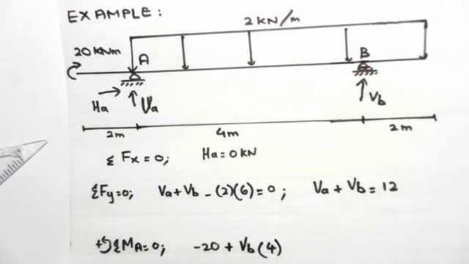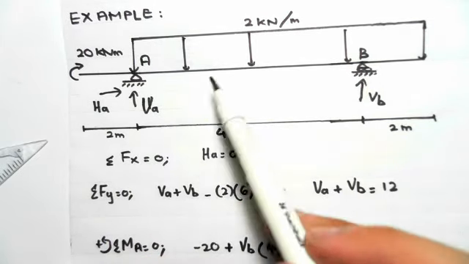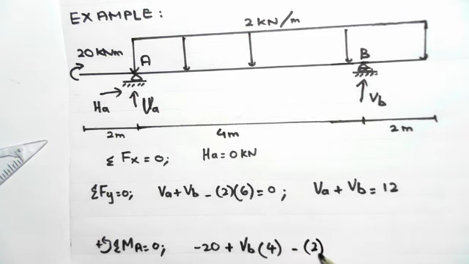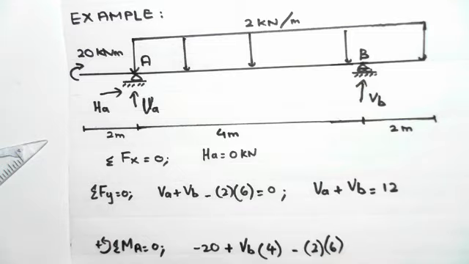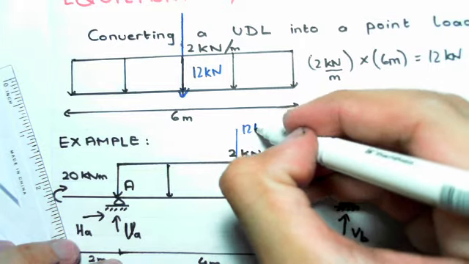Now we have to do the moment of the UDL about the support. Obviously the UDL causes a clockwise moment about the support, so it's minus 2 times 6. Again, I'm converting it into a point load up to this stage. Over here, this becomes a point load of 12 kilonewtons.